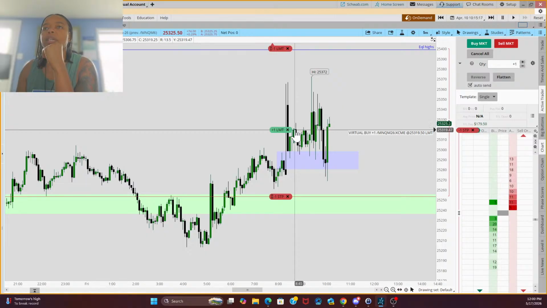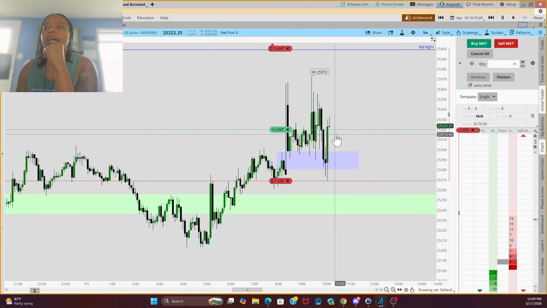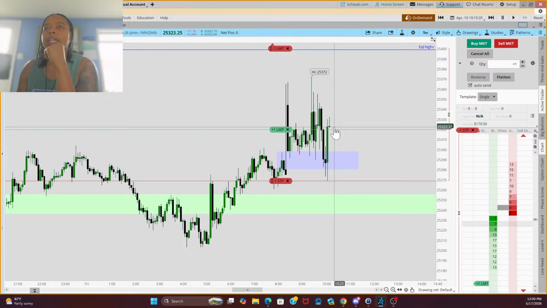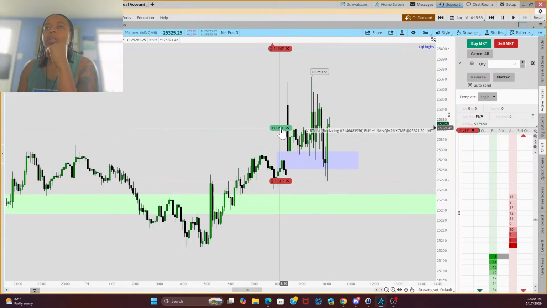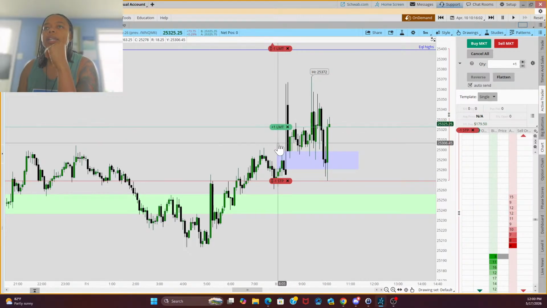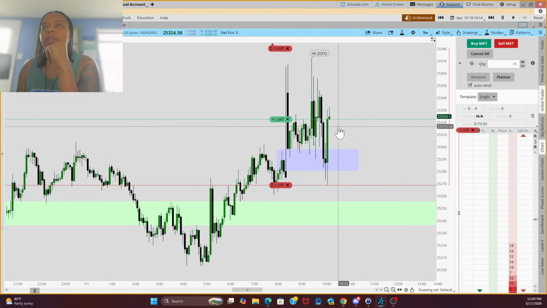Okay, so sometimes I wonder if I should set my entry at the top of the 5-minute candle, especially when they're running so far. Stop below though. Yeah, let's do that. Let's try that entry. See if we can't get in.